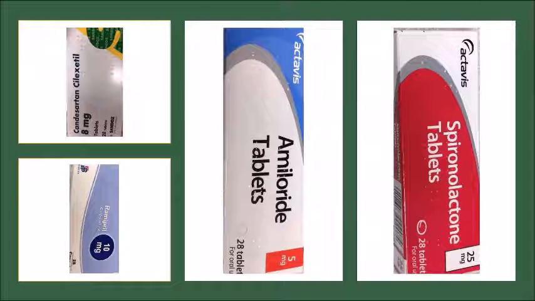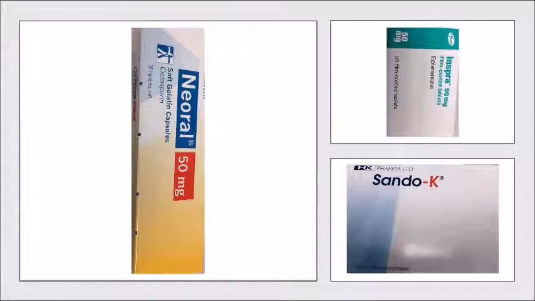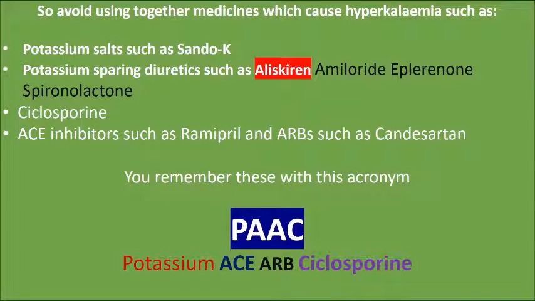A lot of drugs cause hyperkalemia, including spironolactone, amiloride, candesartan, ramipril, eplerenone, Sando-K, cyclosporin. So, in a nutshell, it's ACE inhibitors, angiotensin receptor blockers, potassium salts. Trimethoprim also causes some hyperkalemia.